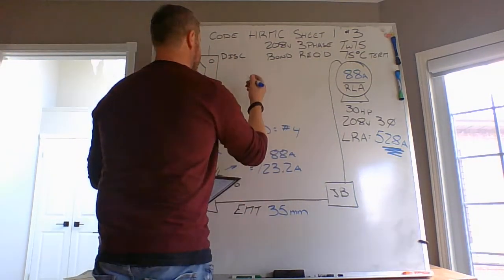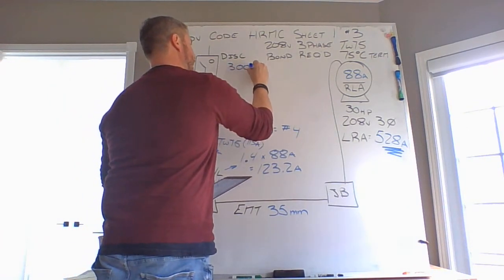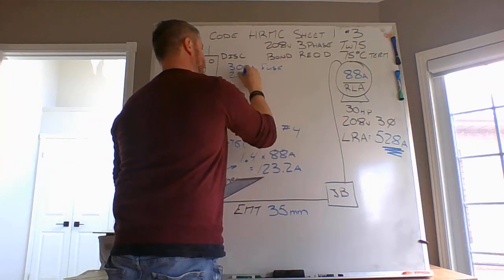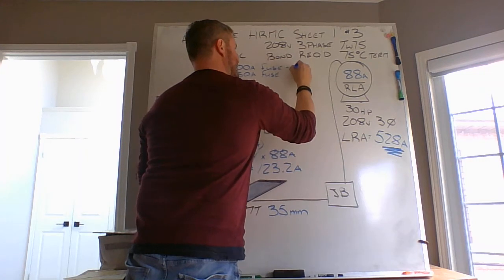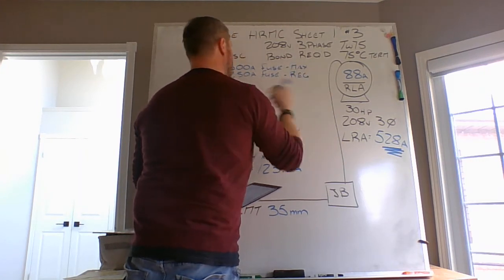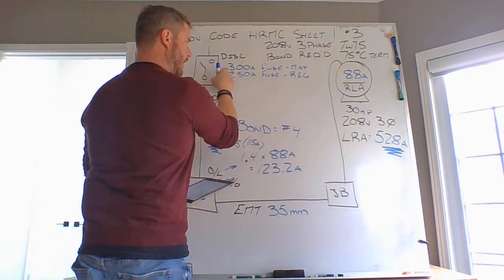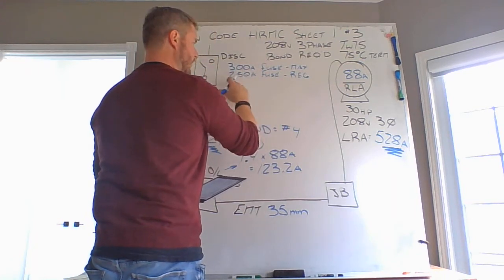Okay? At that point in time, you're either going to put in a 300 amp fuse or a 250 amp fuse max reg. What size does that disconnect have to be to accommodate a maximum 300 amp fuse or a regular or minimum installed fuse size, 250 amps?